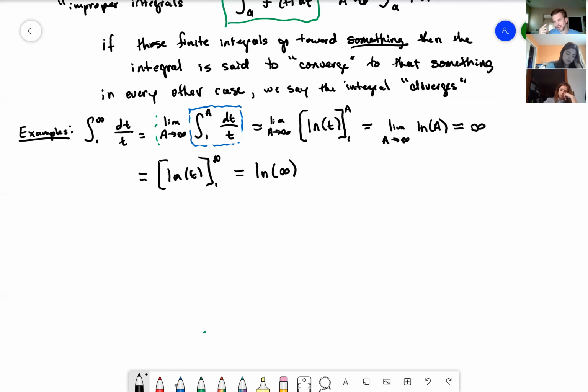In the back of my mind, I'm saying to myself, this doesn't really make sense because what I'm trying to deal with here is real numbers. Infinity is not a real number in the sense that it's not on the number line. But I know that if I plug infinity into natural log, I'm getting infinity. So I just write equals infinity. And then if I plug 1 into natural log, it's 0. So this is equal to infinity.